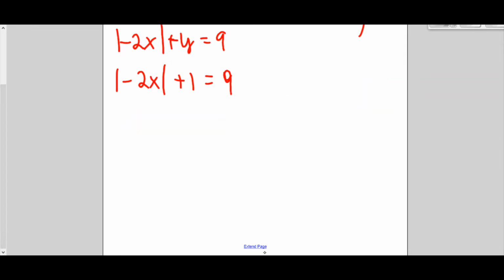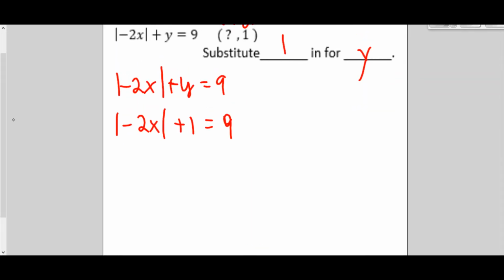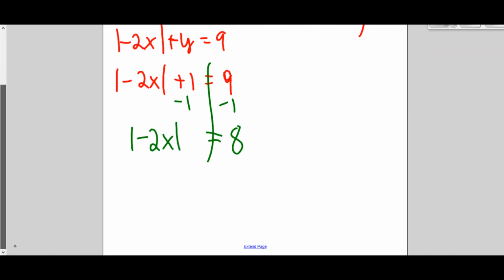Now, to solve this, first I'm going to get the absolute value by itself. So I'm going to subtract 1 from both sides, because the plus 1 is not inside the absolute value. So this will be the absolute value of negative 2x equals 8. With absolute values, the way that you solve them is you make two problems.